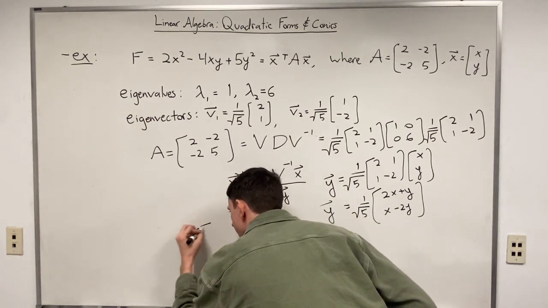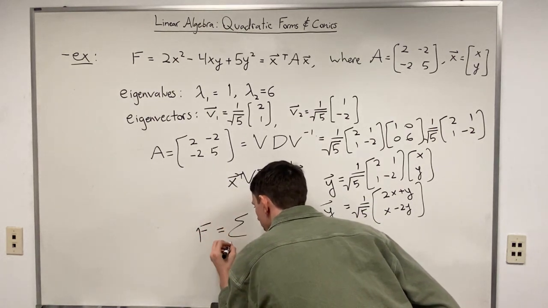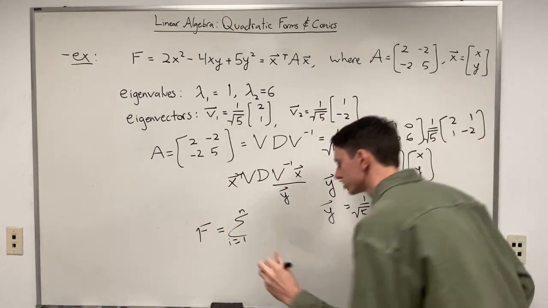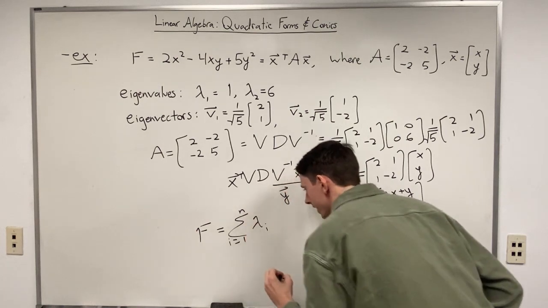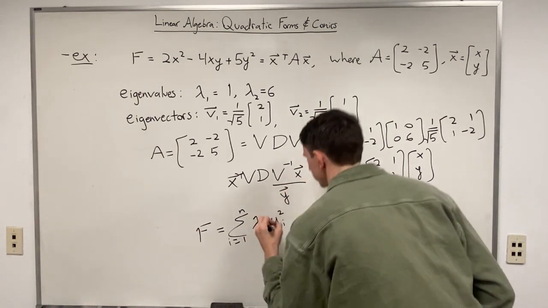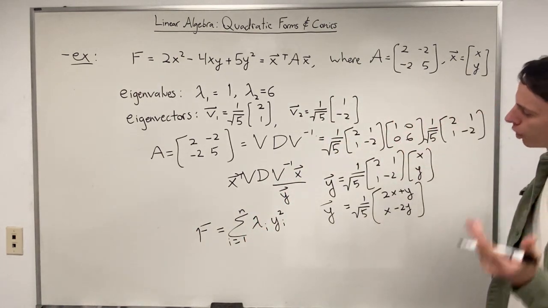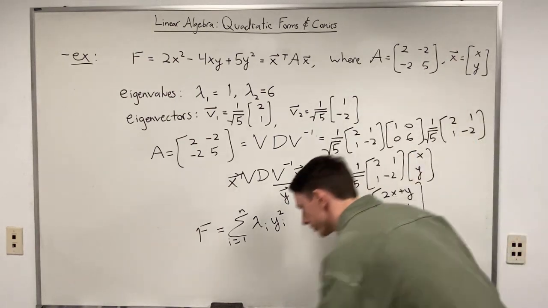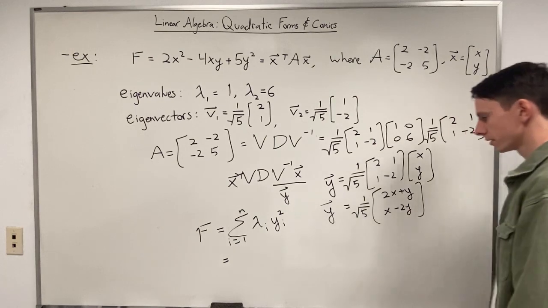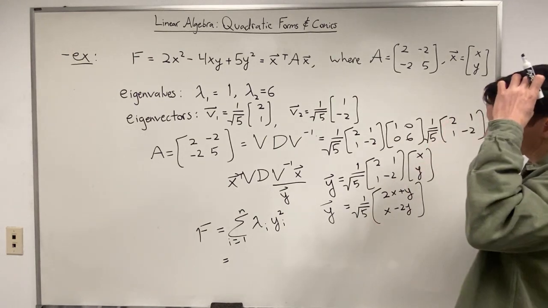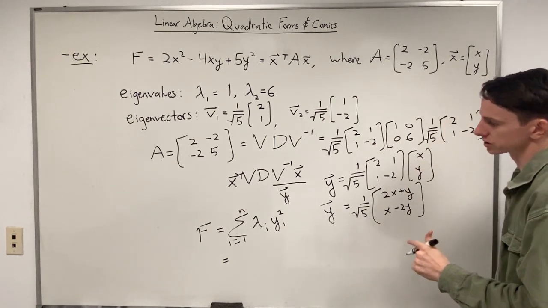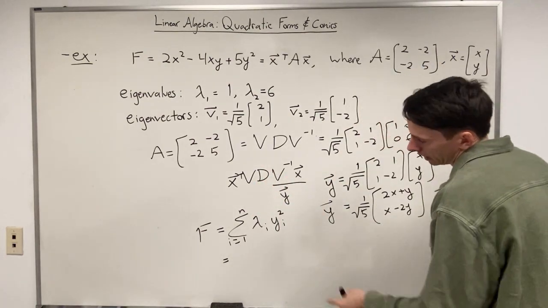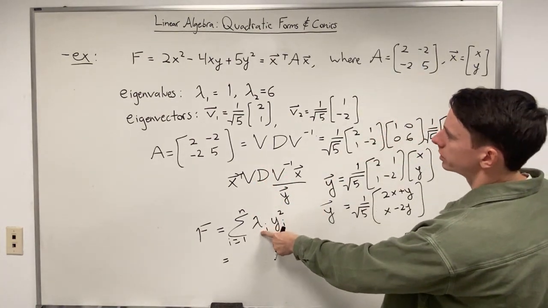We said that f was a sum going from 1 to n, because we were generally working with n dimensions, of the ith eigenvalue times the squared ith component of our y vector. So now relating that here, f can be expressed with n set to 2, and our first eigenvalue is 1.